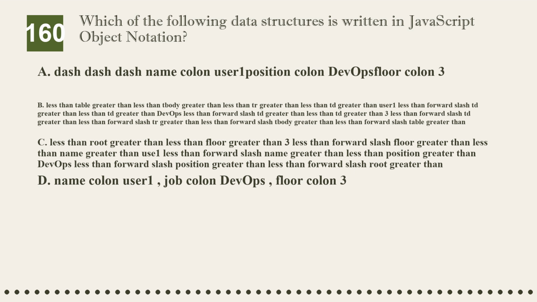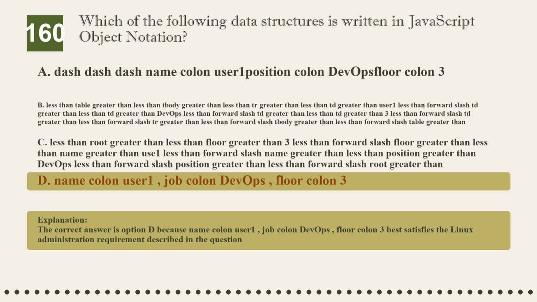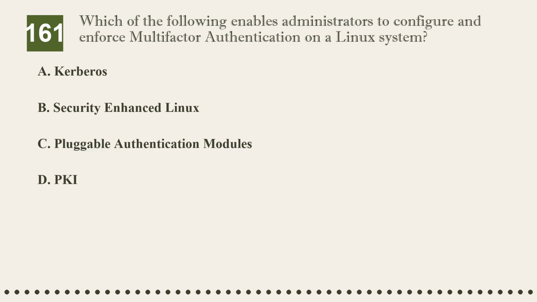Option C, an XML root element containing floor 3, name user1, position DevOps. Option D, name user1, job DevOps, floor 3. The correct answer is option D because name user1, job DevOps, floor 3 best satisfies the Linux administration requirement described in the question.